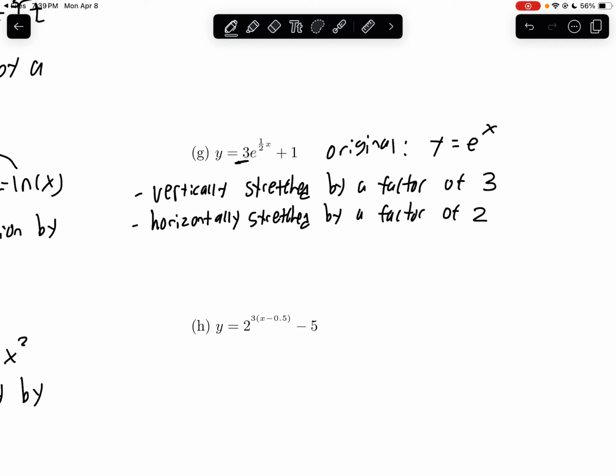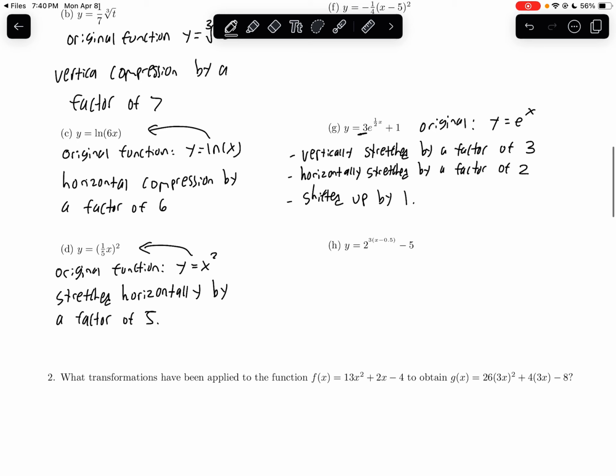That's the 1/2 in the exponent. And lastly, I'm doing a vertical shift because I'm adding 1 on the end. So this is shifted up by 1. That would be the transformations.